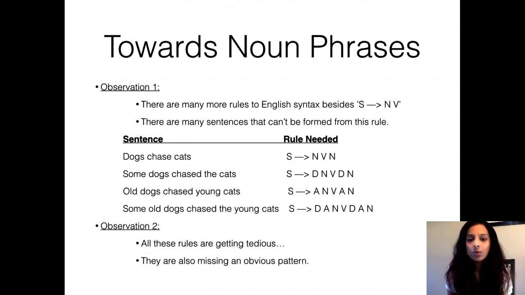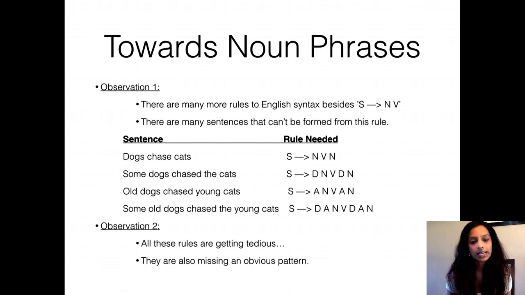Now let's move on to forming bigger structures with smaller structures within sentences. We said earlier that you can create sentences by combining nouns and verbs together in English. Yet there are bigger sentences in English, right?